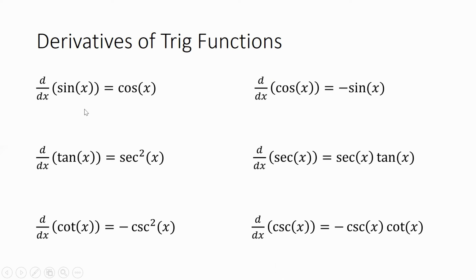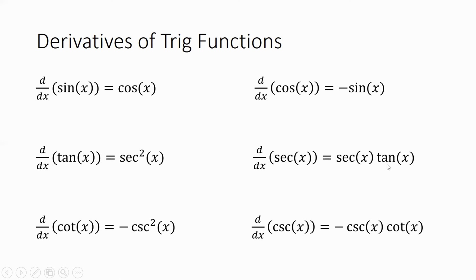If I take the derivative of sine, I get cosine. If I take the derivative of cosine, I get negative sine. If I take the derivative of tangent, I get secant squared. If I take the derivative of secant, I get secant times tangent.